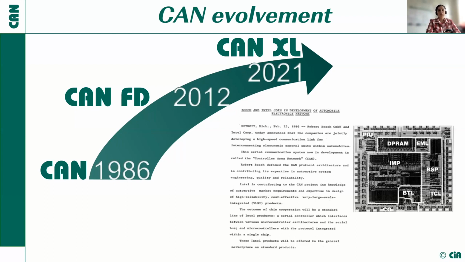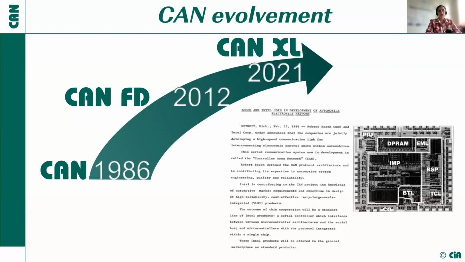In 2012, Bosch, in cooperation with the car makers and other CAN experts, introduced CAN with flexible data rate, or CAN-FD. The main reason for this introduction was to communicate with a higher bit rate and expanded payload per CAN frame.